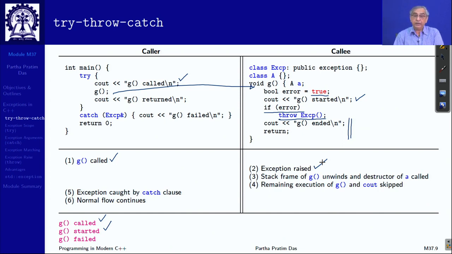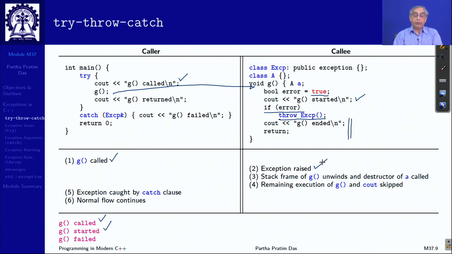Now, at this point the function would like to return the control back to the caller. As you know, when the function is called, a stack frame is created for G, which has the local variables and all that, and when it completes the task and gets out of that function scope, that stack frame has to be removed, maybe logically removed, not actually removed in terms of values, but you change the pointers in a way so that it does not remain the active stack frame anymore.